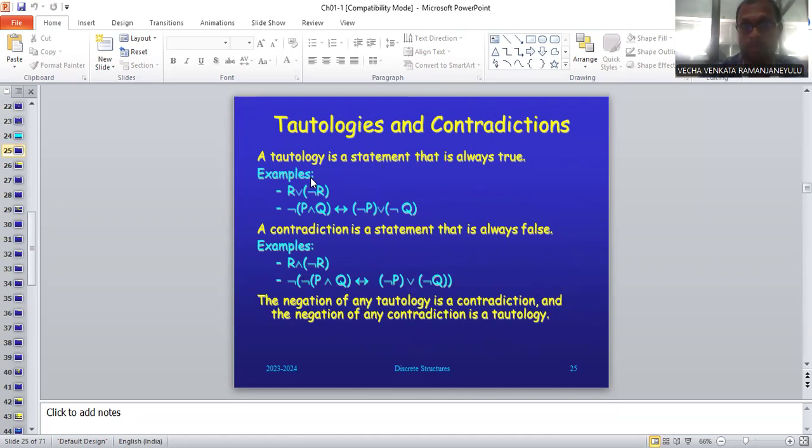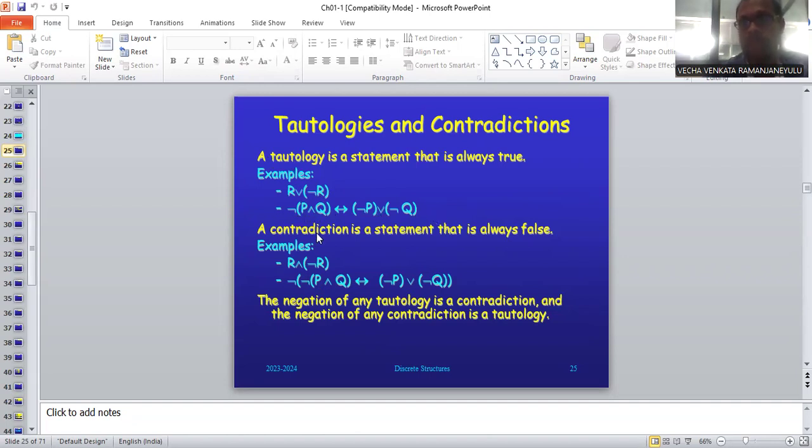Suppose I take the example: negation of (P and Q) double implies negation P or negation Q. Whenever negation is applied inside, AND becomes OR, and negation P or negation Q.